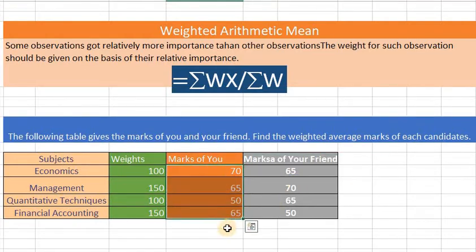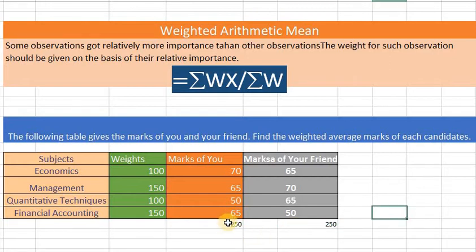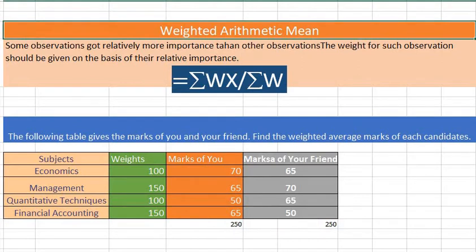If you consider the total, here you can find out the total of these two students. The summation of the first student is 250 and the summation of the second student I'll check. The total marks obtained by you as well as your friend is equal, but it will not be equal in terms of weighted arithmetic mean.